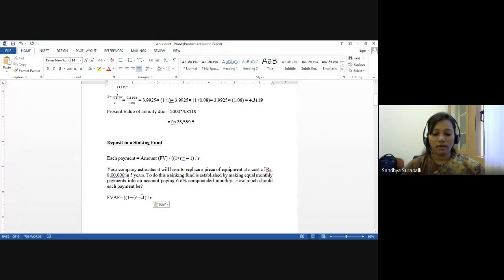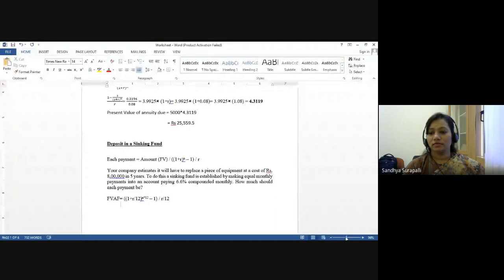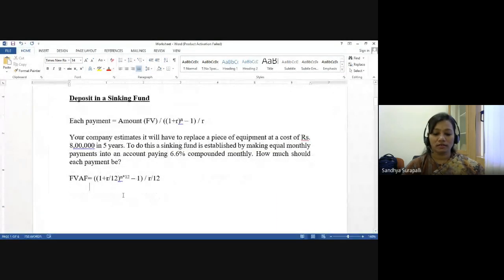So R will be divided by 12 and N will be multiplied by 12, right? This is what we have to do. So find the future value annuity factor and tell me, implementing all the numbers.